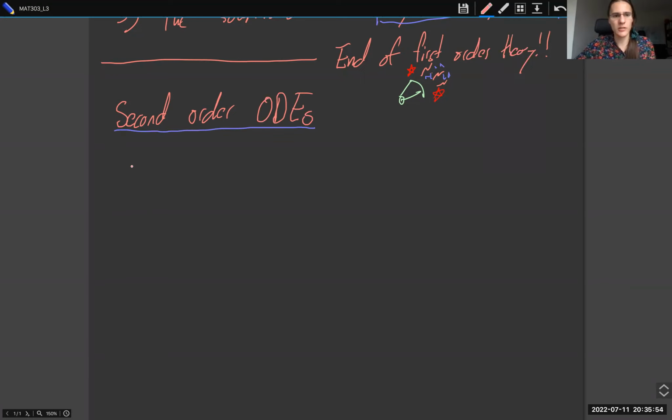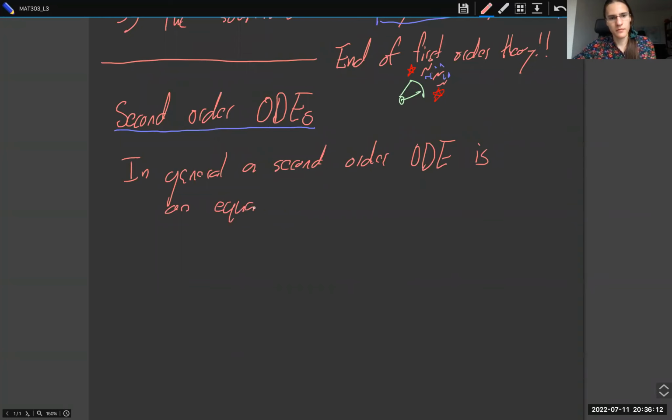So in general, a second order ODE is an equation of the form: we're going to have some function that involves x, y, y prime, and y prime prime.